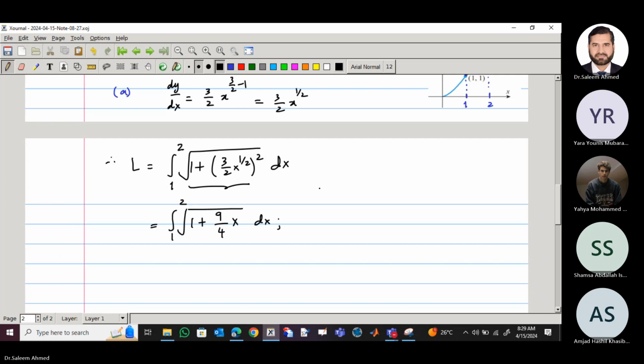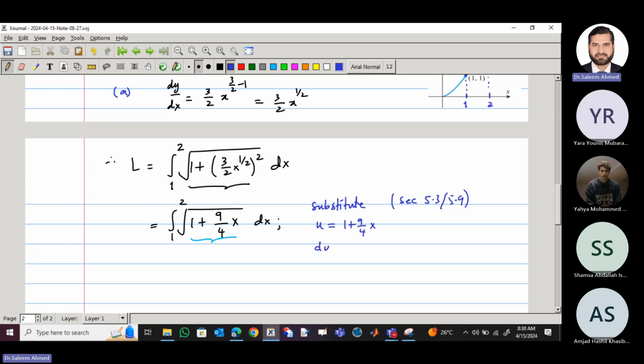Dx. Okay. So here, when there is some function inside the square root, I cannot integrate it directly. So we can use substitution, what we did in section 5.3 and 5.9, I guess both. We do this substitution method. Substitute u is equal to 1 plus 9 by 4 x.